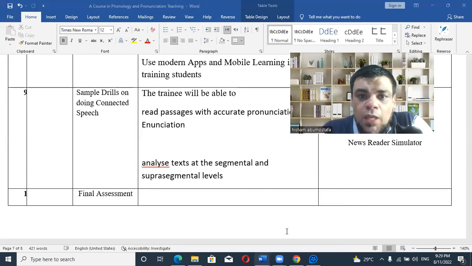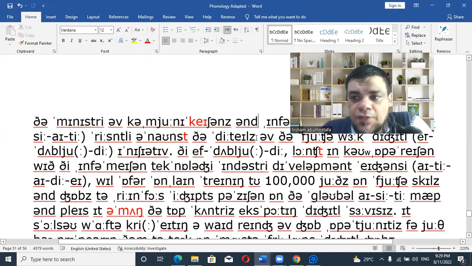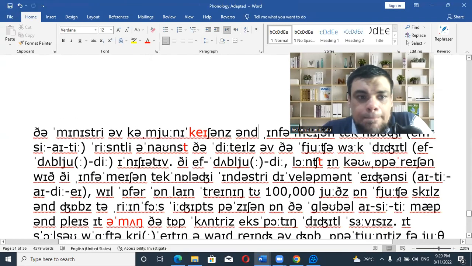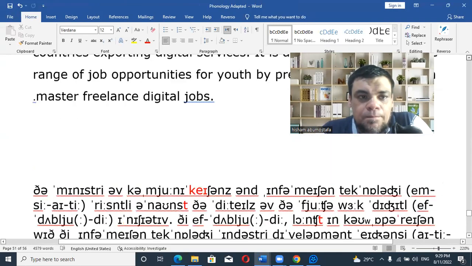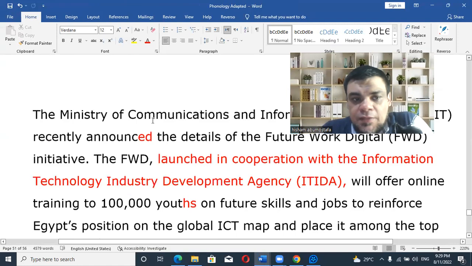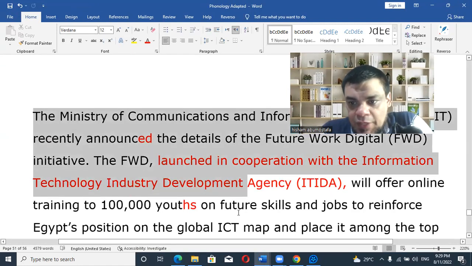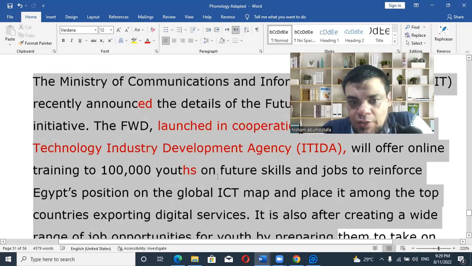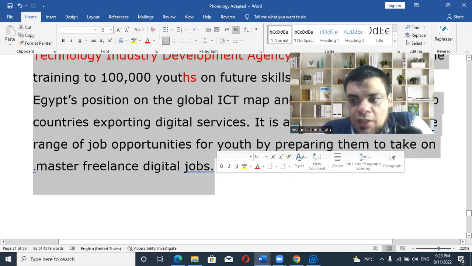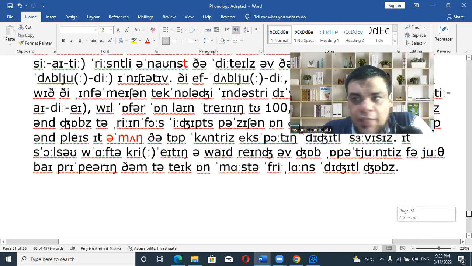Can you see this text? This text, okay, this is the practice. After the end of the course, you need to practice on sample texts like this. So we can study things like this.